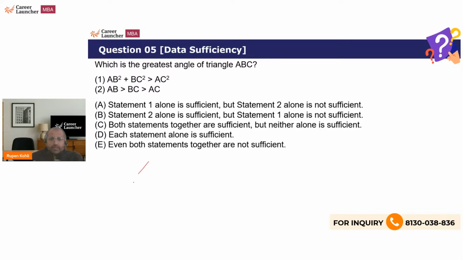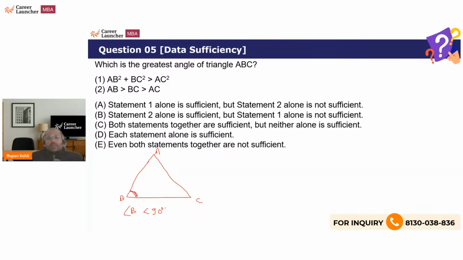Let me draw the triangle. So at least we can say that the angle opposite to side AC is an acute angle. This angle must be less than 90 degrees. Angle B is acute.